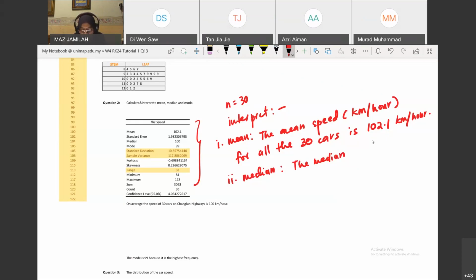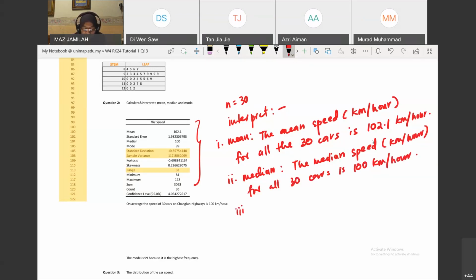Hello, class? The median speed in kilometer per hour for all 30 cars is what? 100 kilometer per hour. Okay.